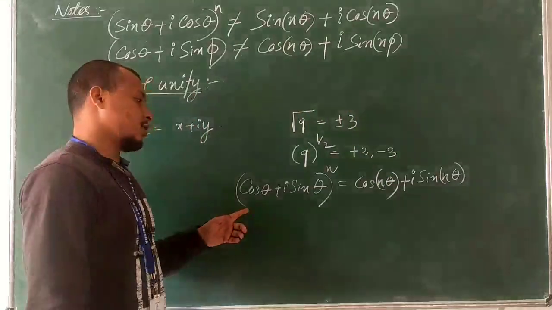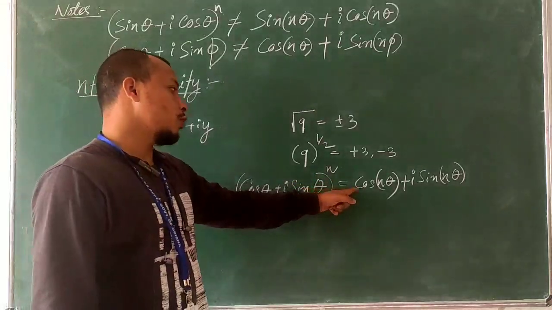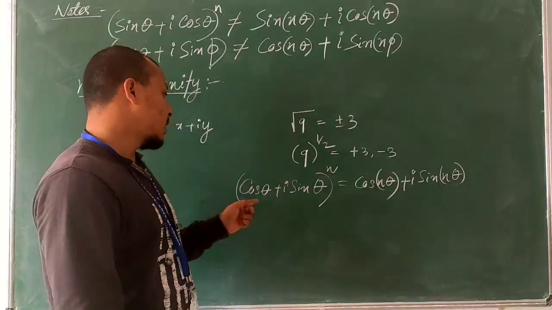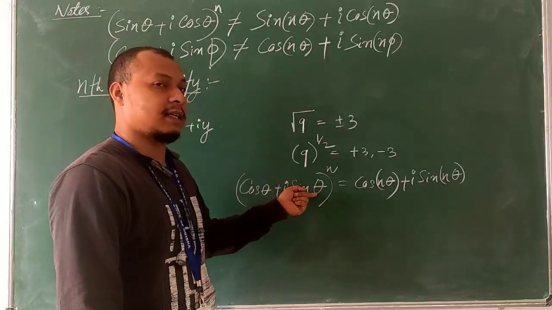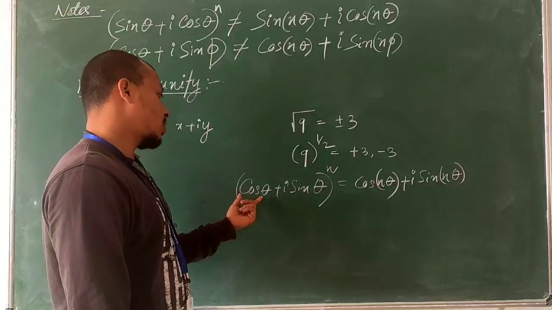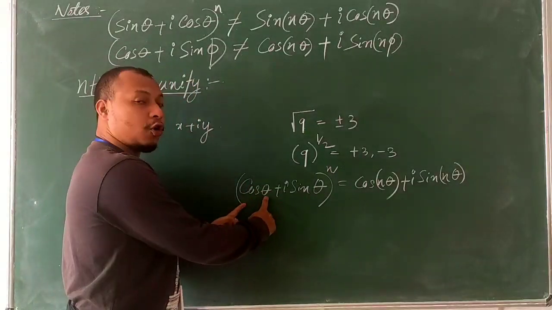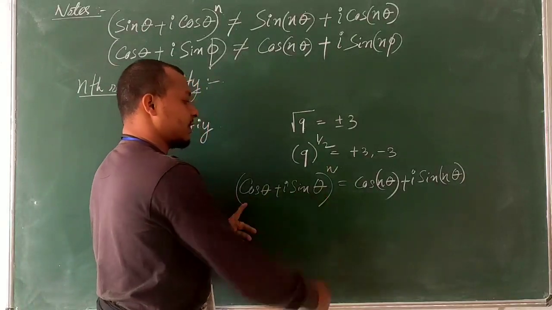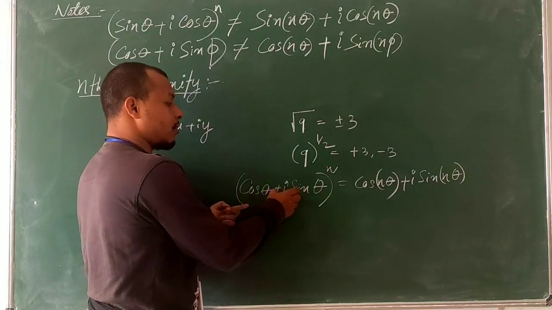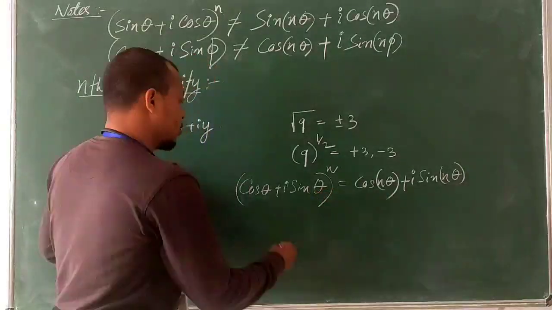According to de Moivre's theorem, cos theta plus i sin theta to the power n is equal to cos of n theta plus i sin of n theta. Remember that this is cos plus i sin. But here it is sin theta plus i cos theta. In cos theta plus i sin theta, the real part is cos theta and the imaginary part is sin theta. But if the real part is sin theta and the imaginary part is cos theta, this may not be true.